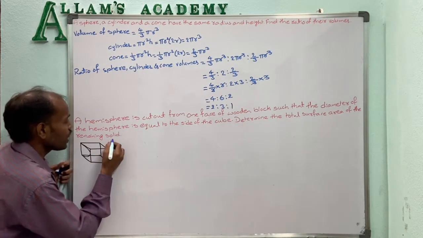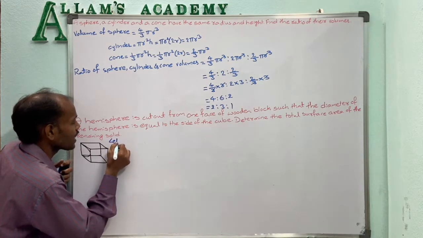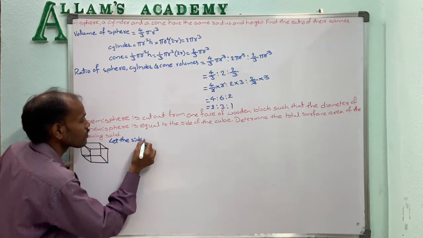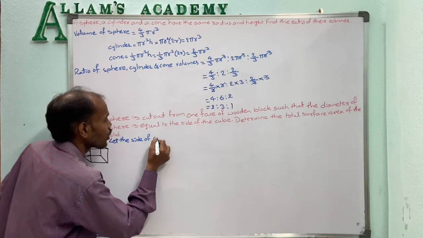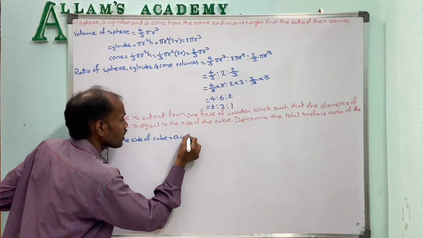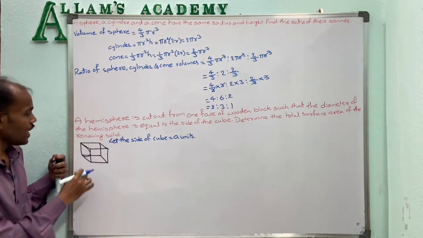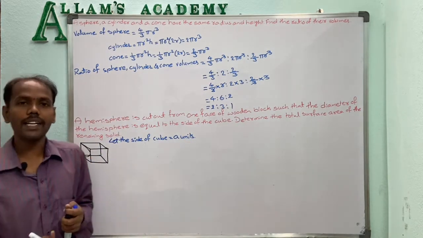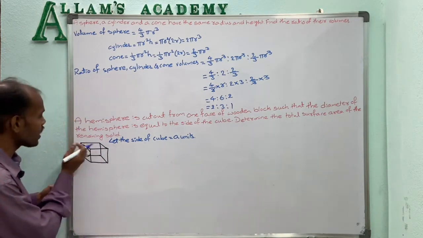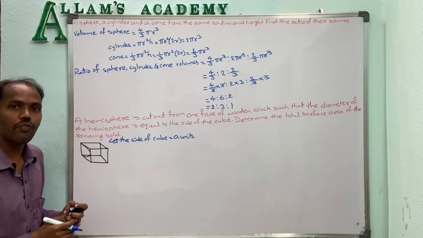So let the side of the cube equal a units. Now a cube has 6 faces. Now one face is cut, that means the remaining 5 faces.